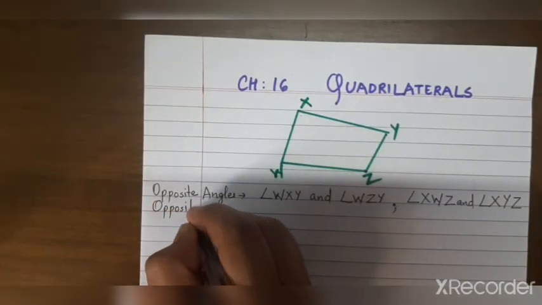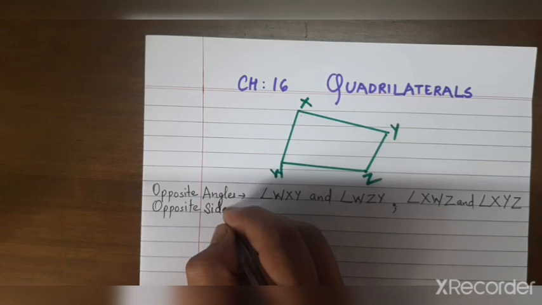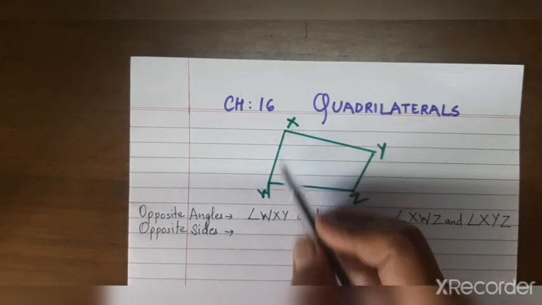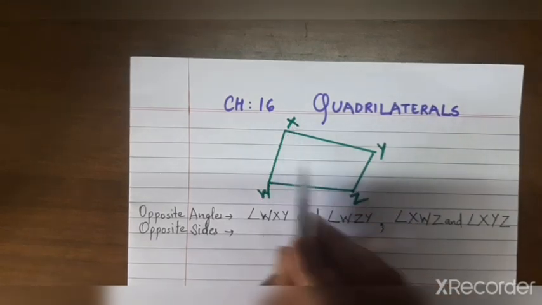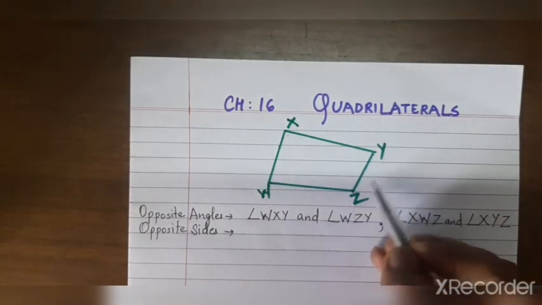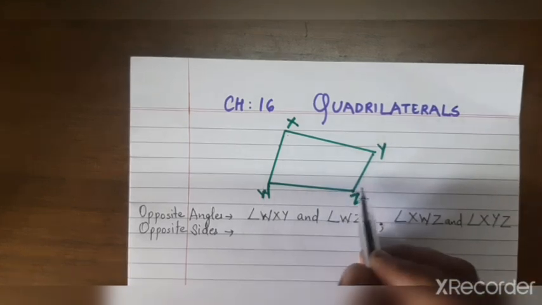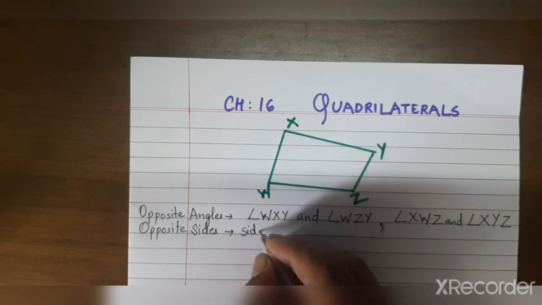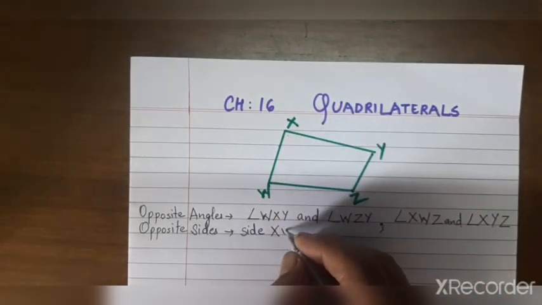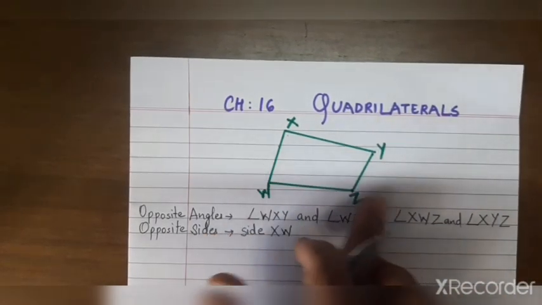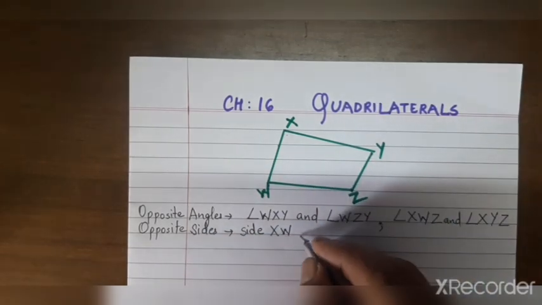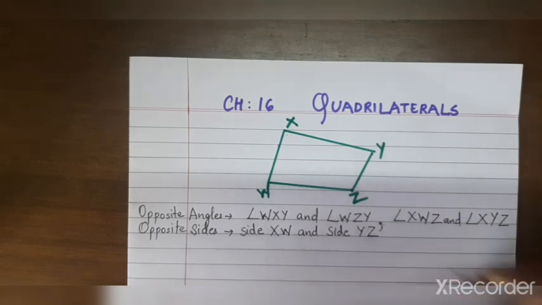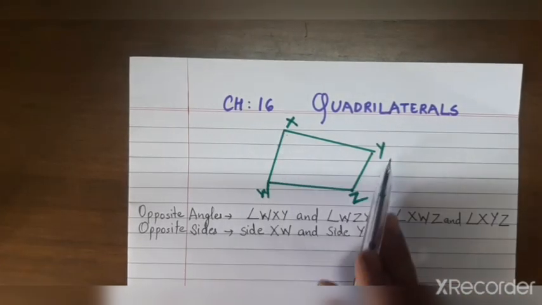Now the second is the pair of opposite sides, which is simple. Again, there are 2 pairs of opposite sides. If I am naming XW, opposite is YZ. It doesn't have any vertex in common. So side XW, opposite is YZ.